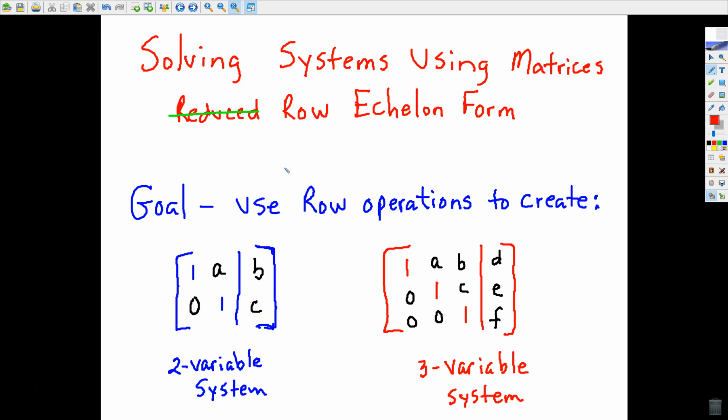If it were true reduced row echelon form, then I would have 0s here, and I would just have the 2 1s. But we're going to simplify this just a little bit, and that's why it's really just called row echelon form. This will be hit again in pre-calculus, and I've seen it also in some college algebra classes.